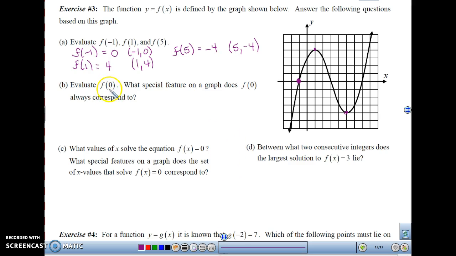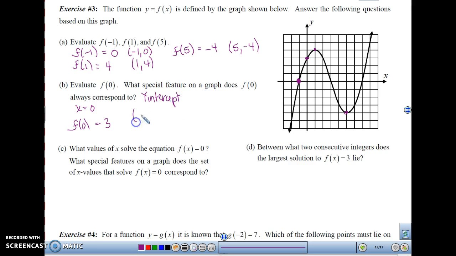All right, f of 0. What are they looking for there? It's when x equals 0. So f of 0, when x equals 0, what point is that? Well, when x is 0, y is going to be 3. What part of the graph is that? That is the y-intercept of the graph.